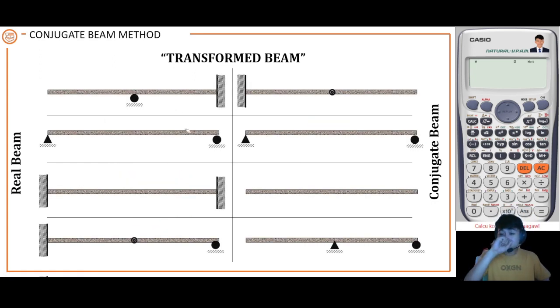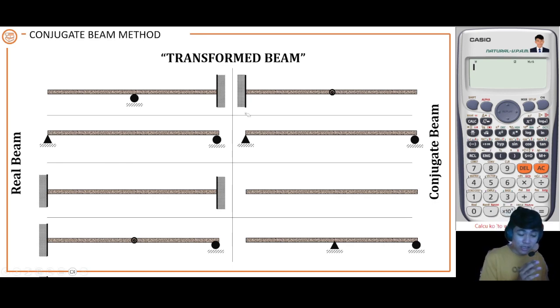Okay, so now let's have here a simply supported beam. This is a hinge and a roller. If you convert that into a conjugate beam, same pa rin. It will still be a hinge and a roller because they are found at the ends.